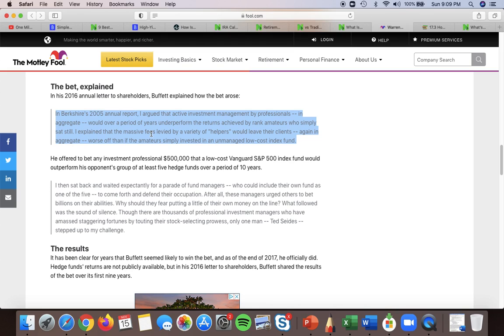I explained that the massive fees levied by a variety of helpers would leave their clients, again, in the aggregate, worse off than if the amateurs simply invested in an unmanaged, low-cost index fund." So, he offered a bet to any investment professional, $500,000 rather, that a low-cost S&P 500 index fund through the company Vanguard would outperform his opponent's group of at least 5 hedge funds over a period of 10 years.